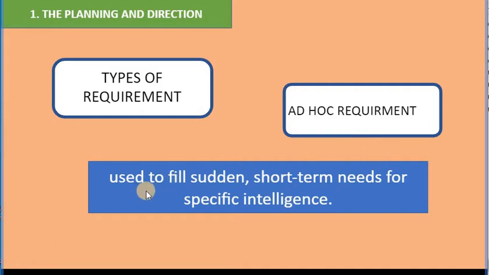Ad hoc requirement, on the other hand, is used to fill sudden, short-term needs for specific intelligence. The ad hoc requirement is like your contingency plan. Your preparation is specific.